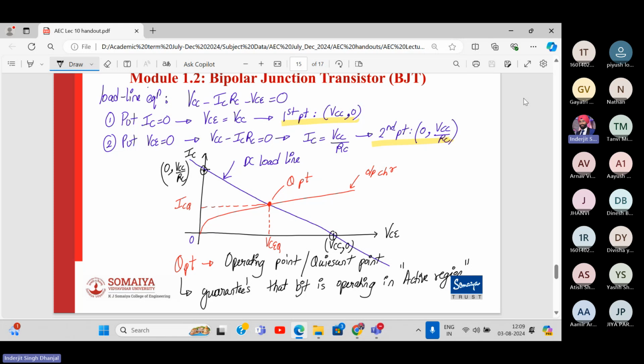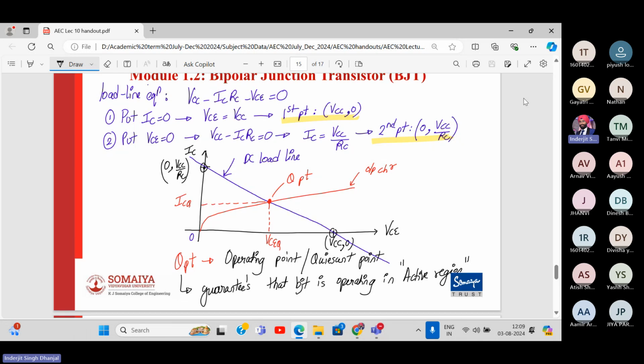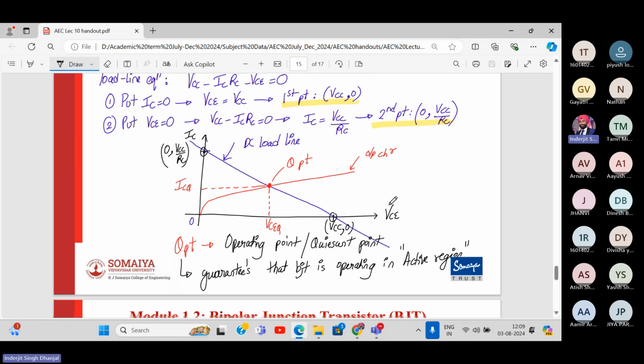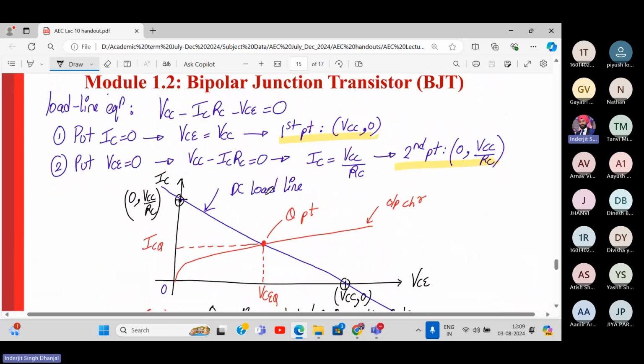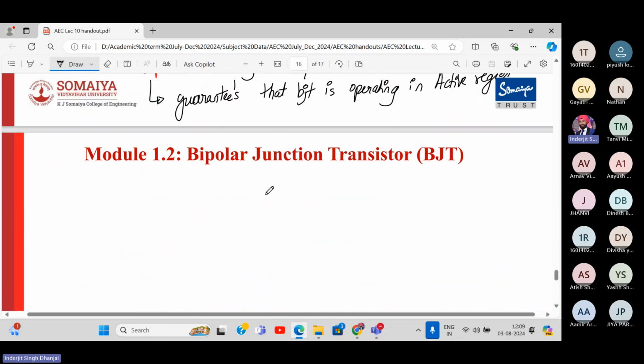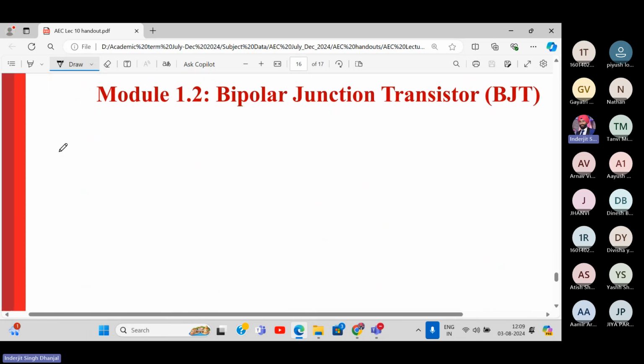Now please take out your calculators. Just 5 minutes more. We'll complete one numerical and then we'll rest for today's topic. We'll solve our first numerical of analog electronic circuits. Let's solve numerical number 1.